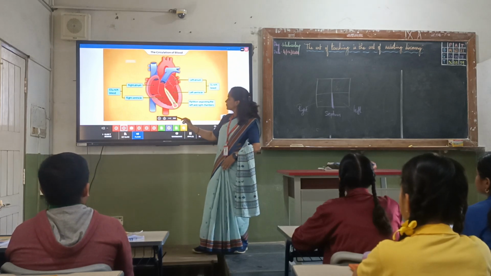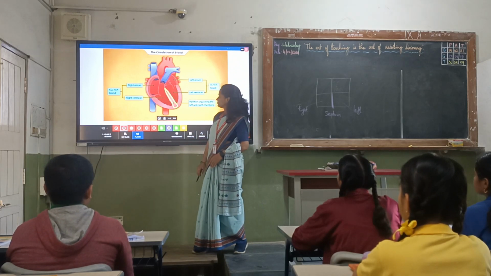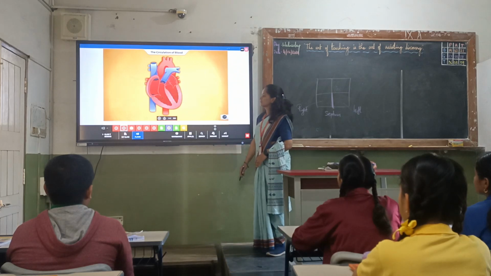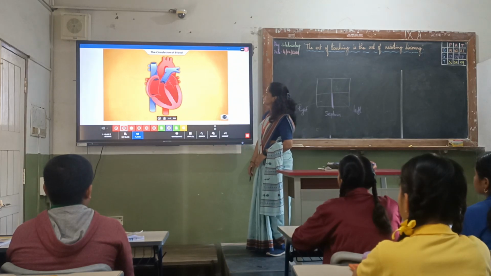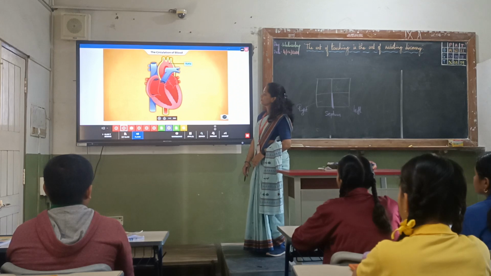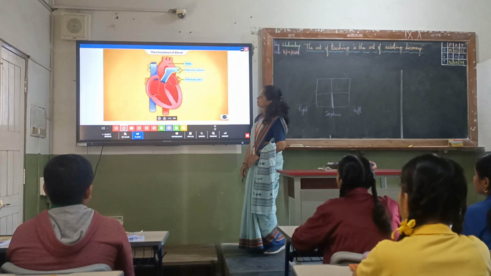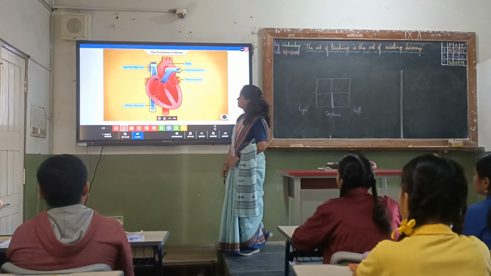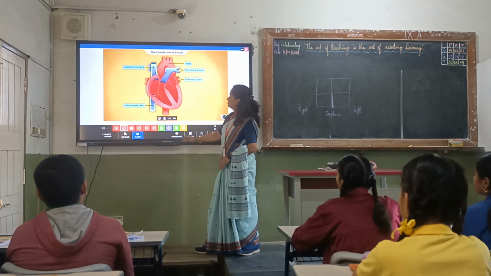That is important. The major blood vessels connected to the heart are the aorta, pulmonary veins, pulmonary arteries, and superior and inferior vena cava.